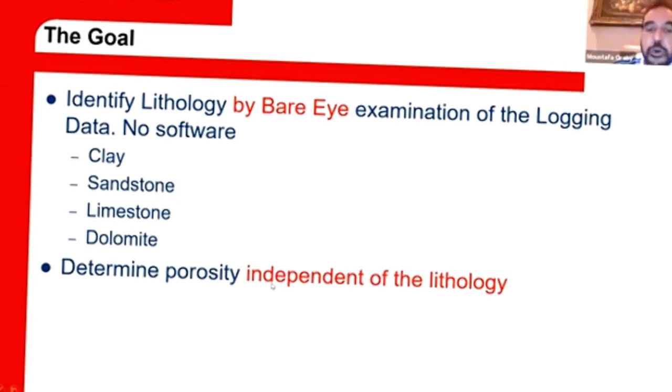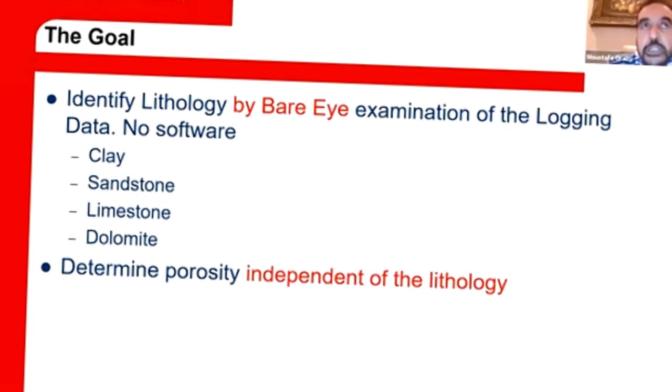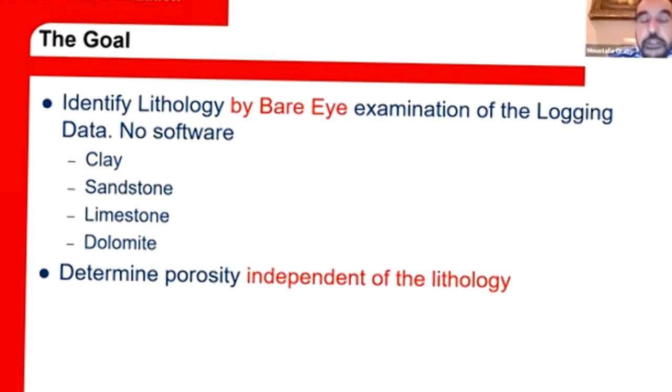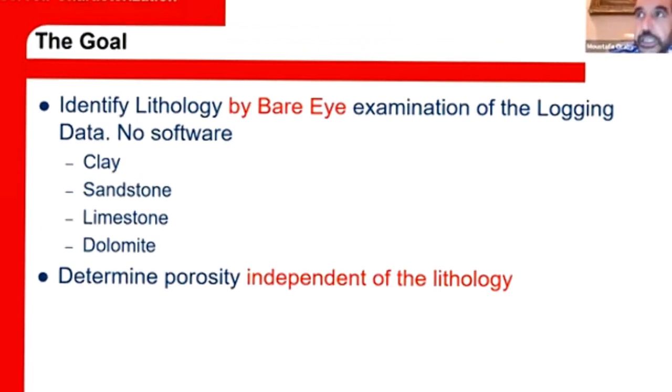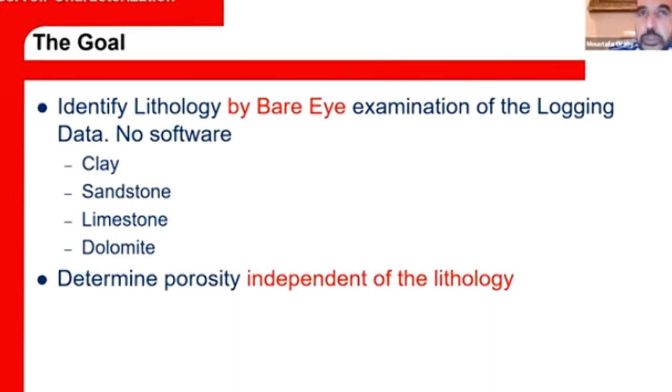Then, determination of porosity independent of lithology. Okay, I need to find out how I can get porosity without the effect of lithology. This is very, very critical. Now, by looking at the log, I can say this zone is a limestone zone with 15 PU. This zone is a dolomite zone with 10 PU, and so on. So we need to build this as a skill by our eyes.